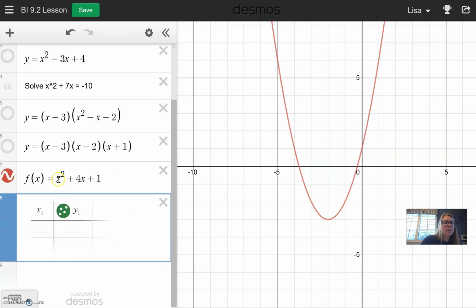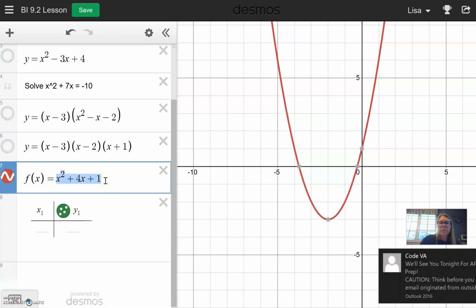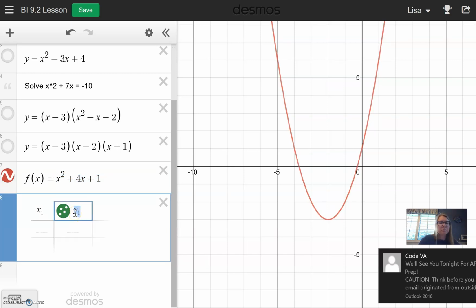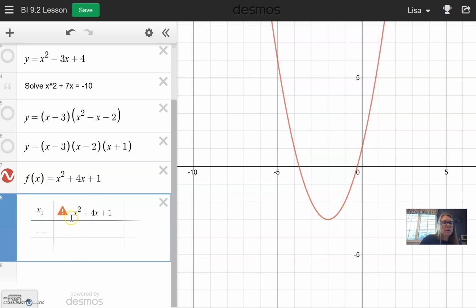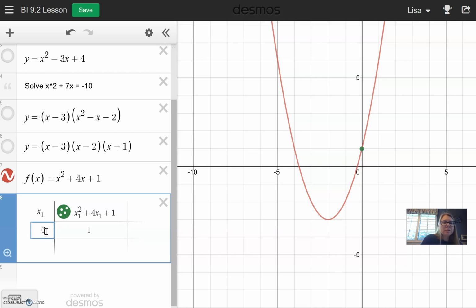So if I copy that and paste that in here, it wants me to match my labels. So I have an x sub 1, so I need to put some sub 1s here, and then put in a value. So if I want to have that calculate for me at x is equal to 0, that gives me a 1, and it shows in green over here on the graph.